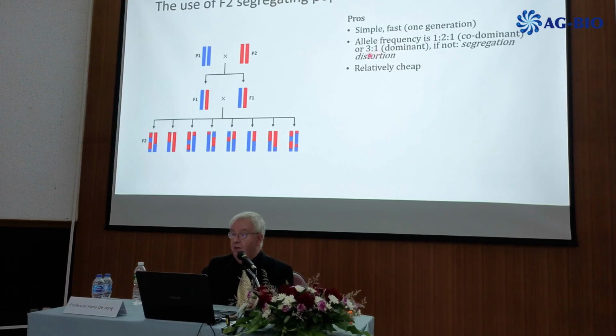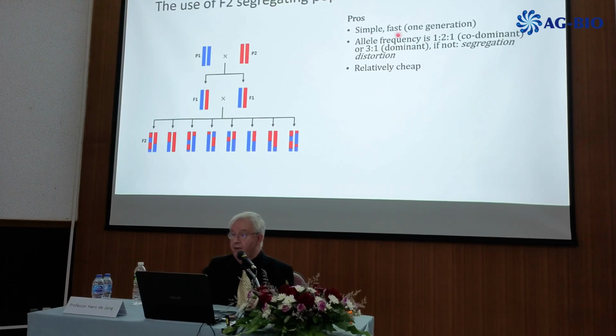Let's say the 3 to 1, if the class of 1, the recessive one, as we tend to call it, is close to a sublethal factor, then you find not 3 to 1, but you find 4 to 1 or 5 to 1 or whatever. So in those cases, you have segregation distortion. They occur quite a lot, and we have to keep that in mind, or we have to correct.